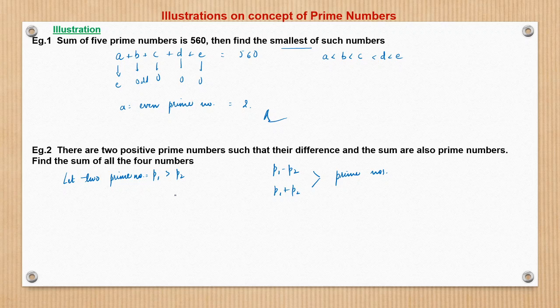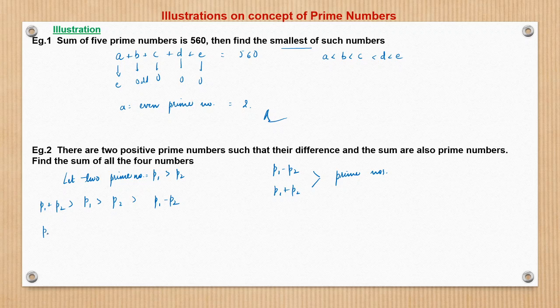So now, see what happens, we can say for sure that P1 is greater than P2, so P1 plus P2 will be even greater than this, and there could be one case where this will be the order in descending order.